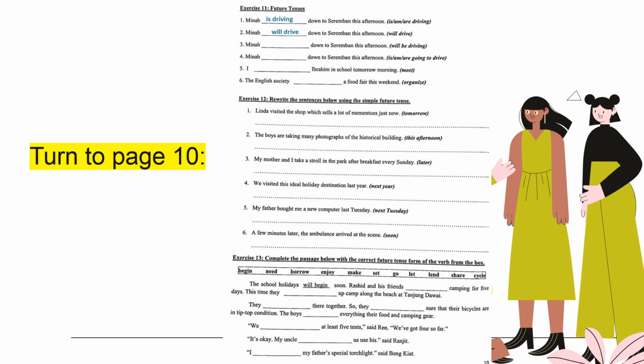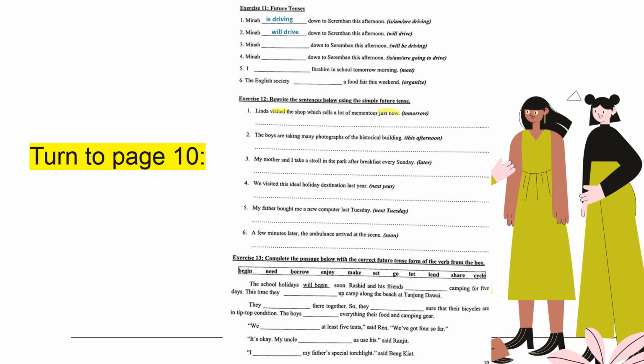So exercise 12, number 1, the given sentences is Linda visited the shop which sells a lot of mementos just now. So this one is past tense, right? This one is past tense. So you need to change by yourself into future tenses. The given word here is just now. And then the verb here is visited.